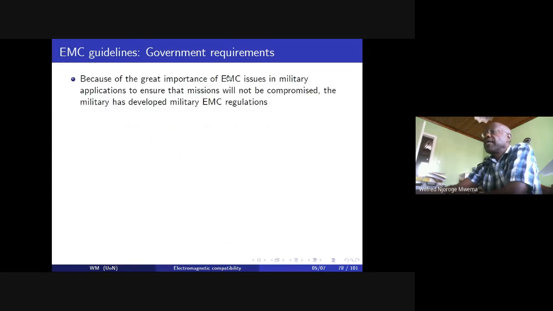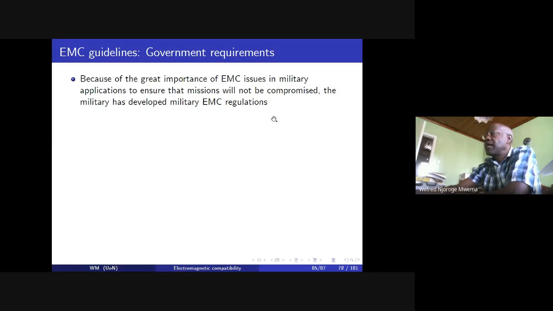Because of the great importance of EMC issues in military applications, to ensure that missions are not compromised, the military has developed military EMC regulations. And in some areas, even in the aviation industry, where a problem can mean a very high cost of both equipment and human life, the regulations are much more strict.